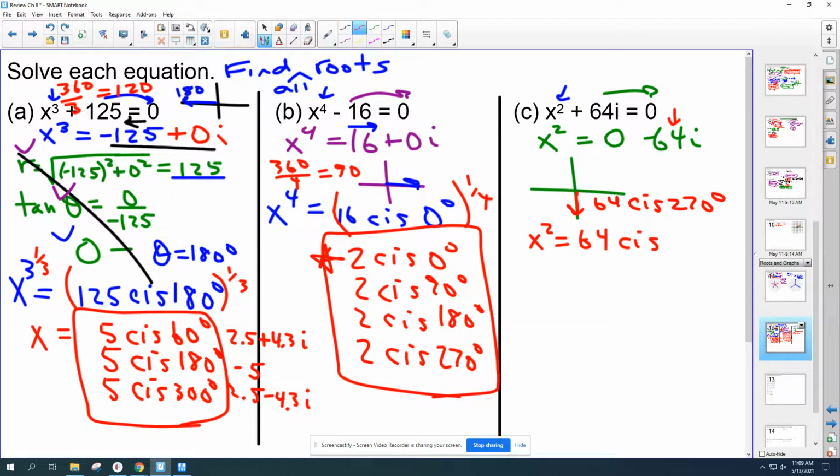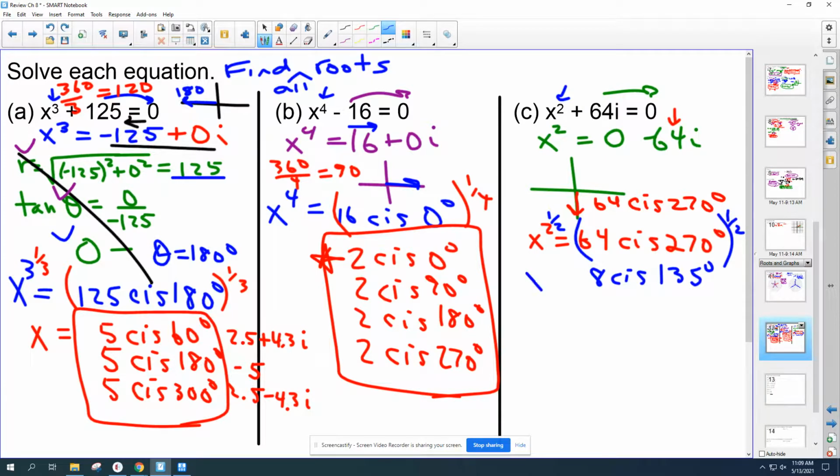Try that again. So you can think about it as the 1/2 exponent, or this one's a square root. It's probably more useful to think about it as the 1/2 exponent. So you can think about this as DeMoivre's. 64 to the 1/2, that's the square root. That's 8. 270 times 1/2 is 135.